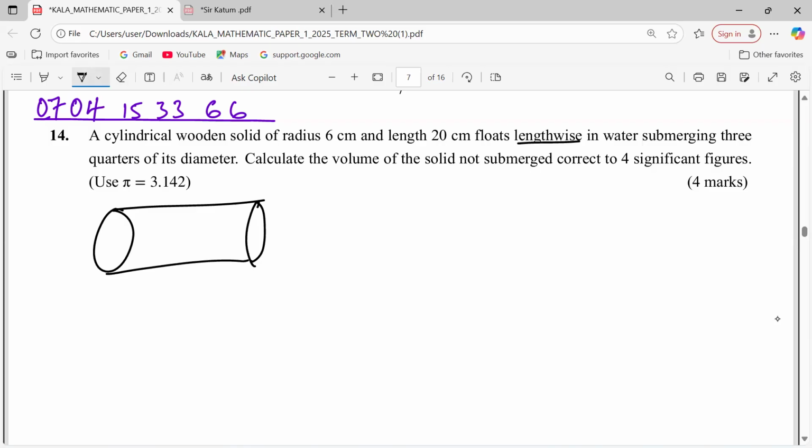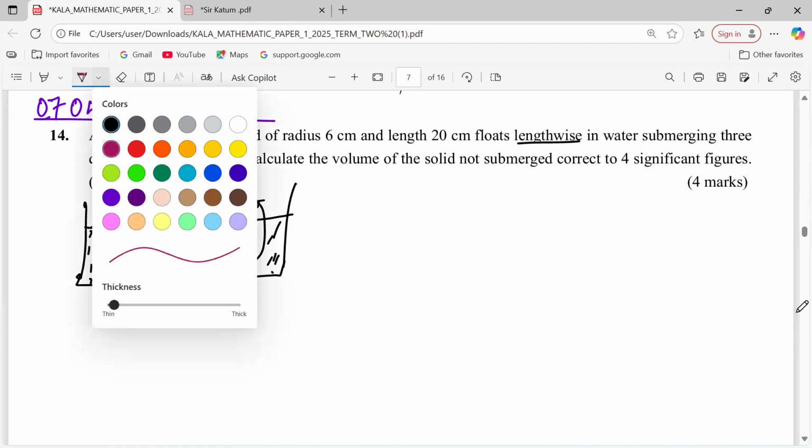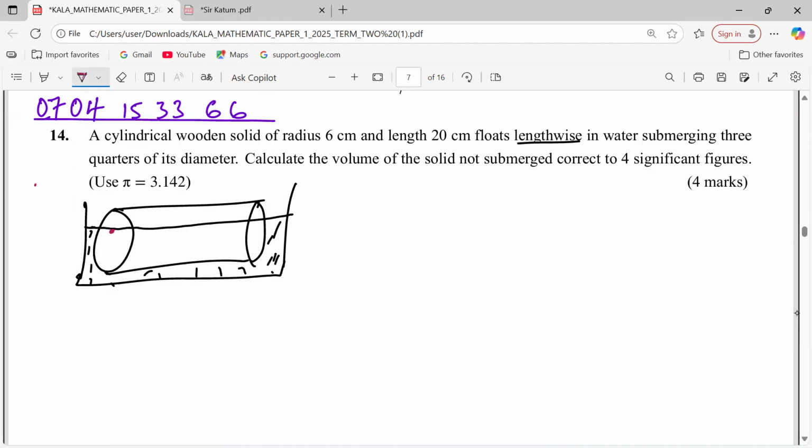Such that 3/4 of diameter, so across here, such a thing. The whole of that is inside the water. Then we are talking of 3/4 of diameter, meaning that from this point up to this, what length is there?